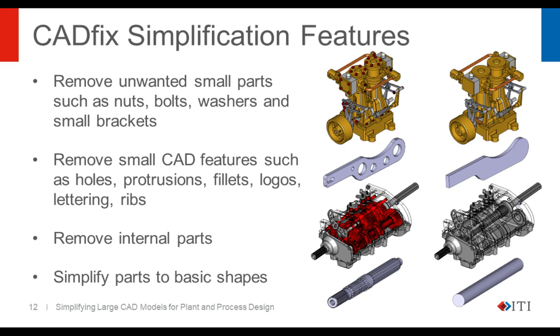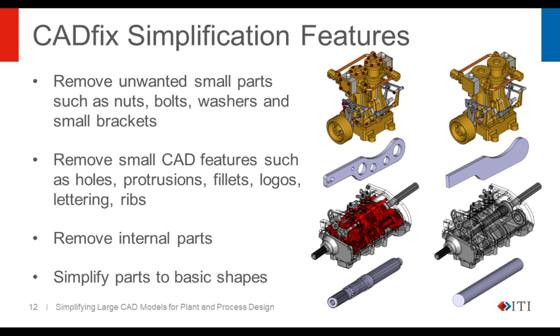The type of features that we can apply to the process industry are things like the removal of unwanted small parts, such as nuts, bolts, washers, gaskets, small brackets, that are perfectly feasible, genuine parts of the mechanical CAD model, but just not needed for the plant design or the layout.